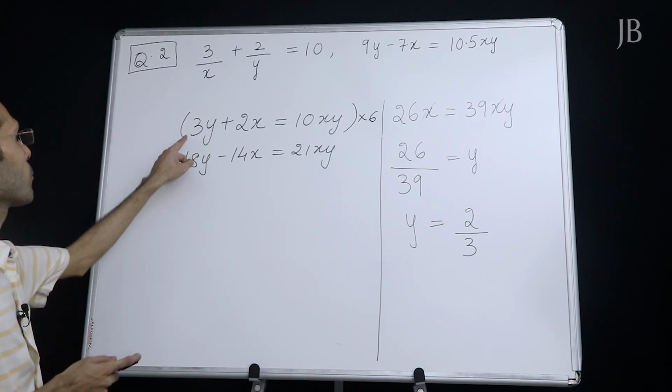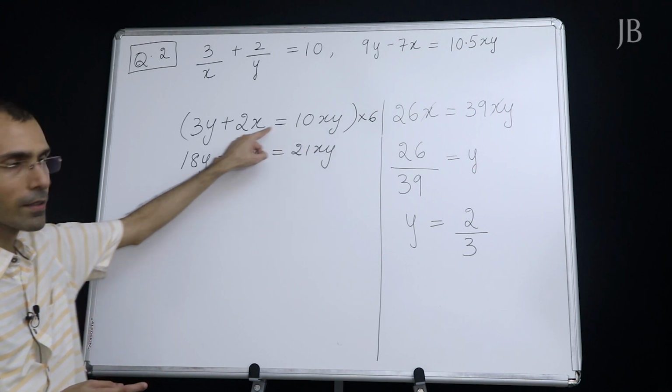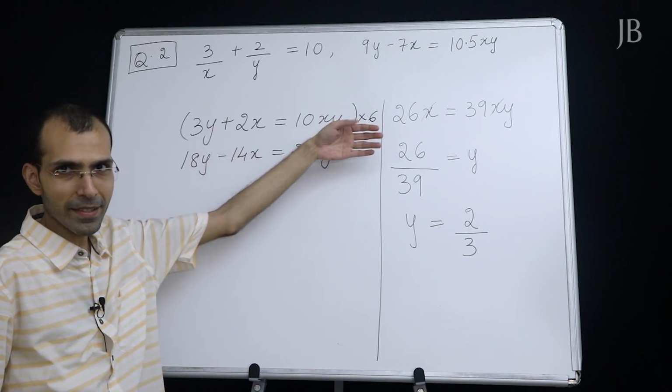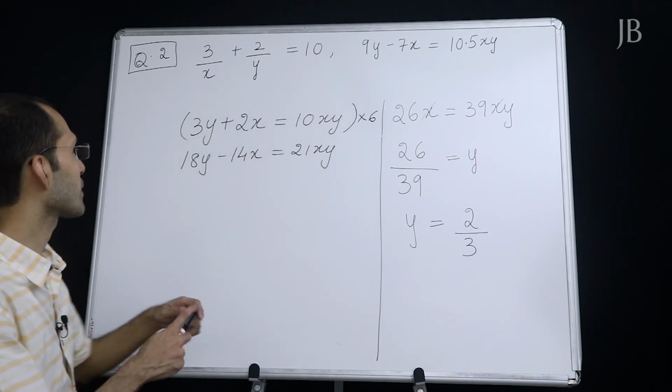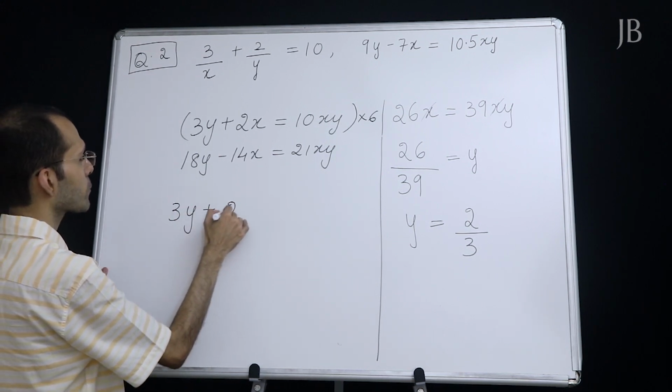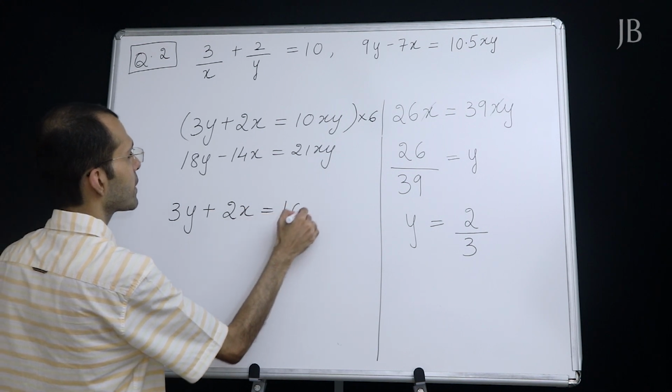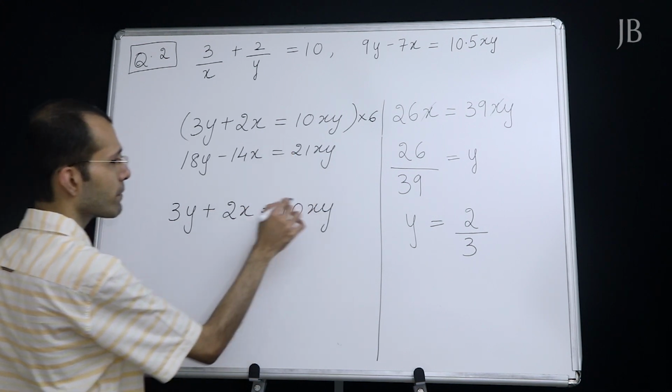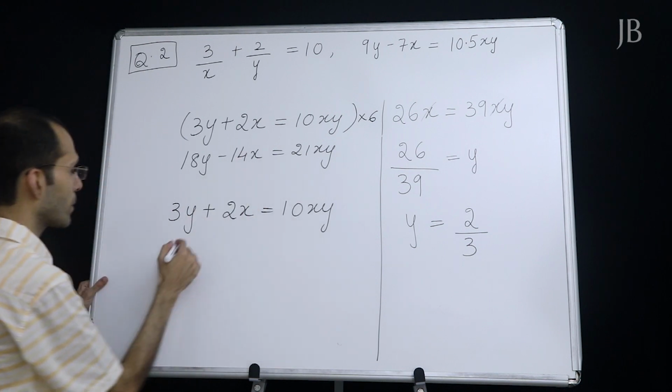Now I'll put it in this equation. This appears smaller, no? And I won't multiply it by 6. That we are done with, to proceed further. So this is 3y plus 2x is equaling 10xy. This equation we will take and we will put the value of y.